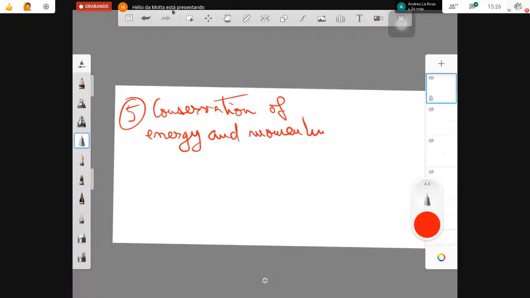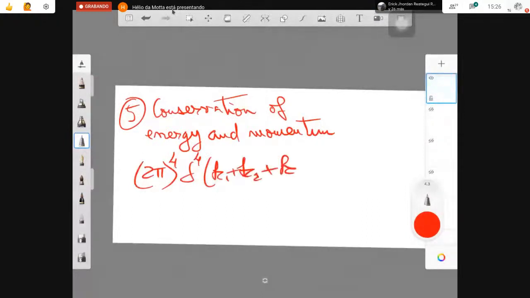So it will be exactly the same: 2 pi to the 4th delta function of k1 plus k2 plus k3 and so on.